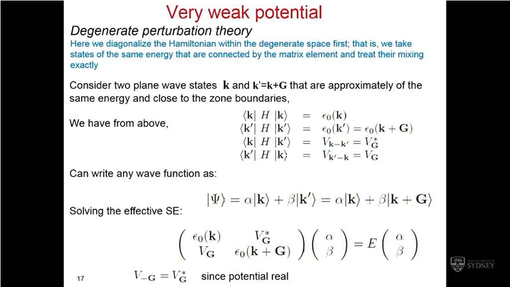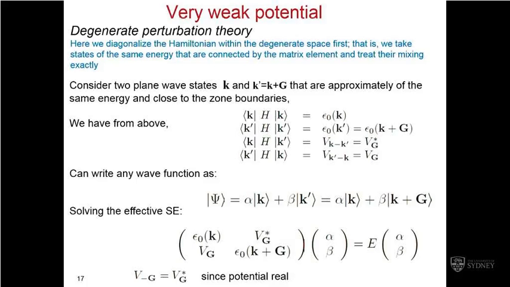So basically, we are going to deal with a situation where we have those two waves that have degenerate energy at the zone boundary. We are now just looking at those states at the boundaries, okay? And from our matrix elements, we have, for a given k, energy E0 of k, where 0 corresponds to the energy from the first Brillouin zone.